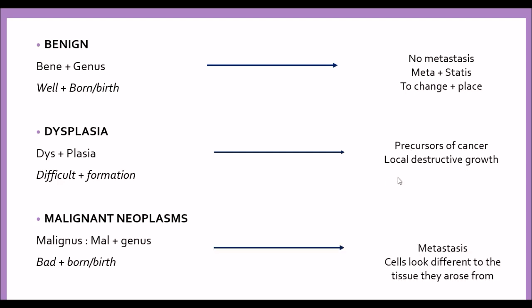And finally, malignant neoplasm is when we're going to have metastasis and the cells will look different to the tissues from which they arose from. So that's why we say that it's bad, because the tumor looks different from the tissue that it arose from. Now, of course, this classification is really oversimplified, but it's easy to remember that benign, no metastasis, malignant, metastasis.